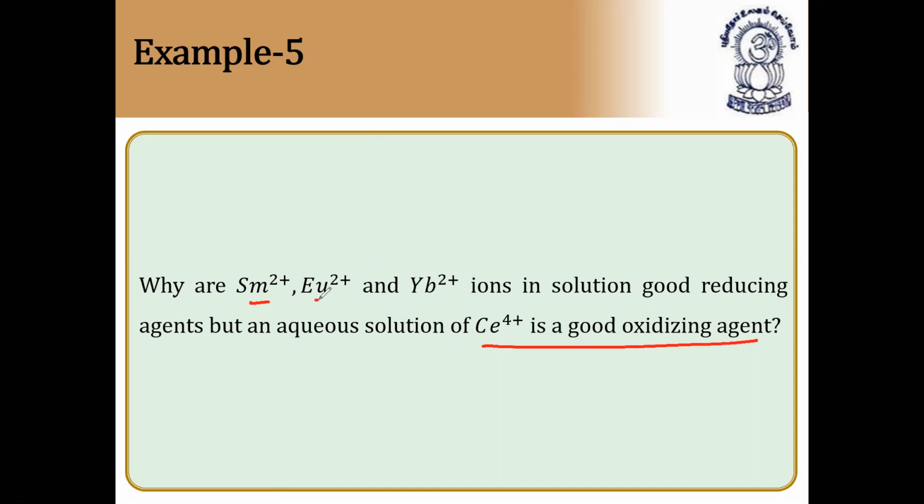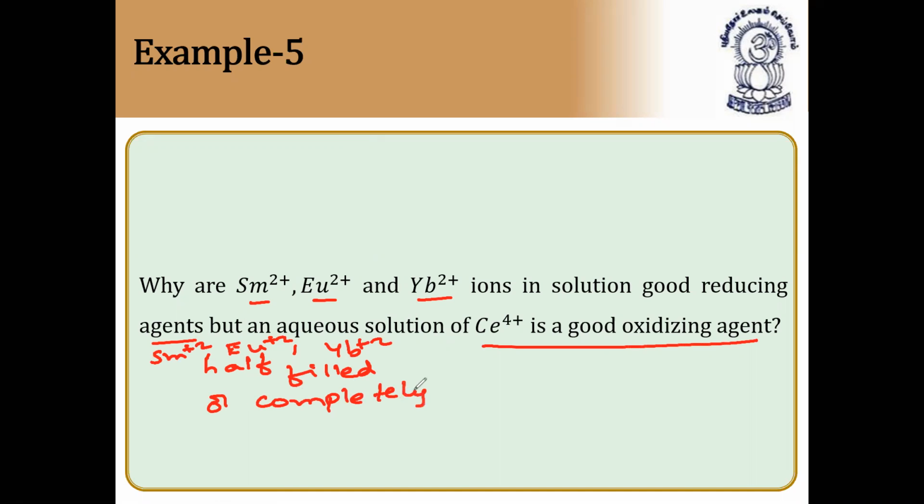Samarium plus 2, europium plus 2, and ytterbium plus 2 have half filled or completely filled f orbitals, due to which they are good reducing agents, and Ce plus 4 is a good oxidizing agent because it has an incompletely filled f orbital.